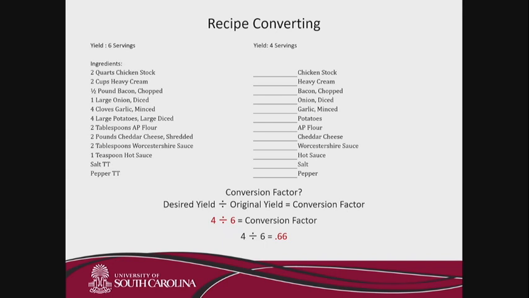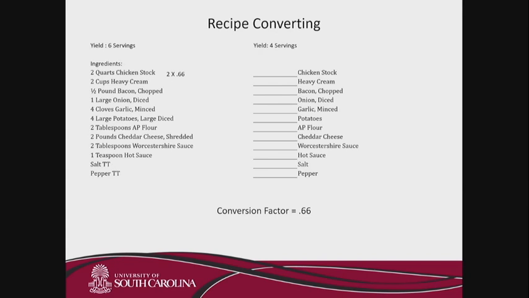So now what we're going to do is we're going to multiply all of those other numbers in our recipe by 0.66. Okay? So we've got 2 quarts of chicken stock. So 2 times 0.66. Yep, 1.32 quarts. There you go.